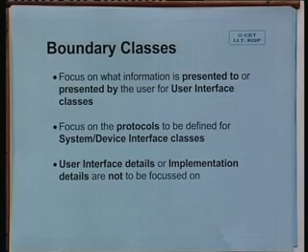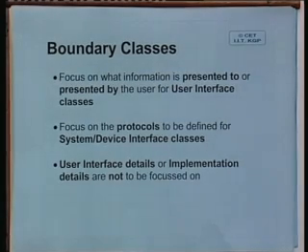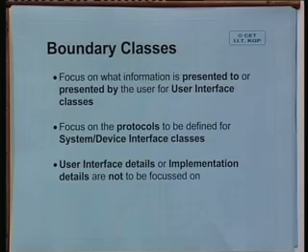The focus for system or device interface classes is on the protocols to be defined. Whenever you have a system or a device interface, you must have a protocol defined. Similarly, the user interface details or implementation details are not to be focused on at this stage. At this stage, you simply represent it as a form of boundary class.